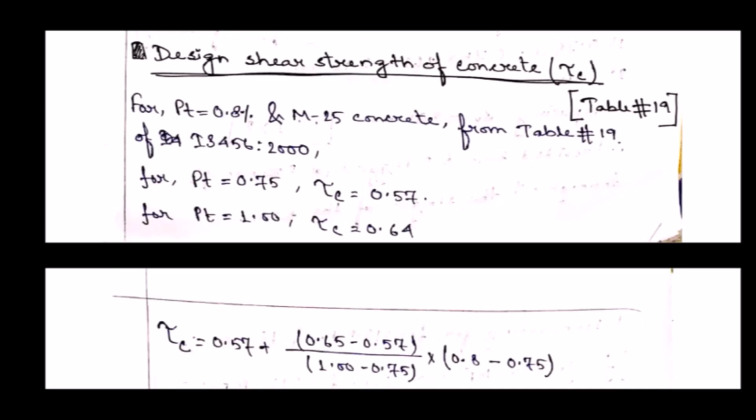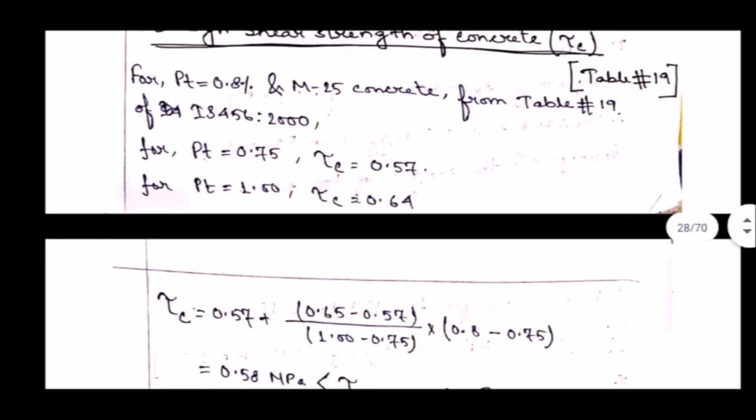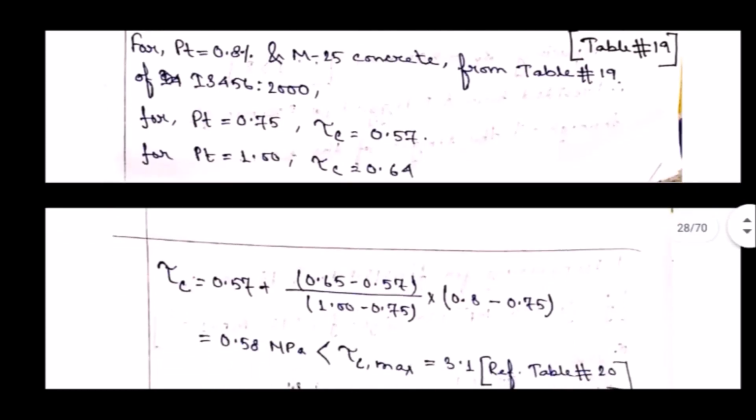So for interpolation, tau c is equal to 0.57 plus, within brackets, 0.64 minus 0.57, divided by, within brackets, 1 minus 0.75, multiplied by 0.8 minus 0.75. Ultimately the value of tau c is 0.58. This value is less than tau c max, that is 3.1.